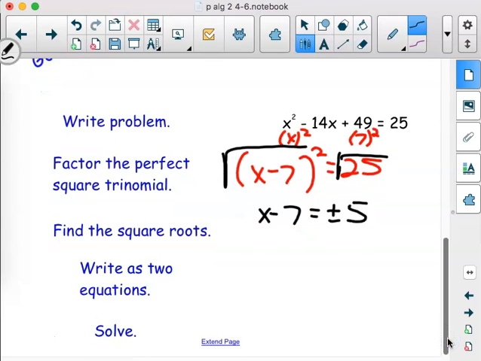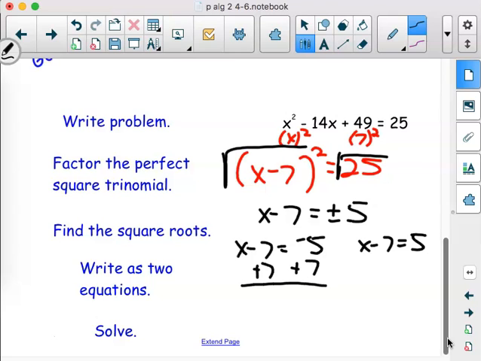Well, that means x minus 7 equals negative 5, and x minus 7 equals positive 5. And we have two very basic one-step equations to solve. So we'll add 7 to both sides. And we have x equals 2 and x equals 12.